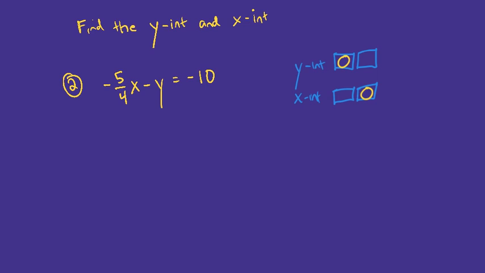Try to keep in mind that it's always x, y with these ordered pairs. So for the y-intercept, we're going to set x equal to 0. And for the x-intercept, set y equal to 0.